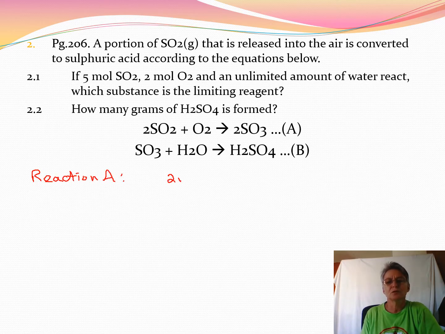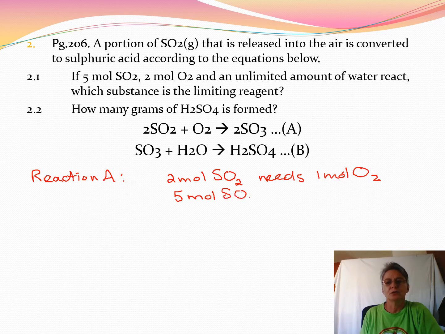So 2 moles of sulfur dioxide needs 1 mole of oxygen. We started off with 5 moles of SO2, and that needs 2.5 mole of oxygen.